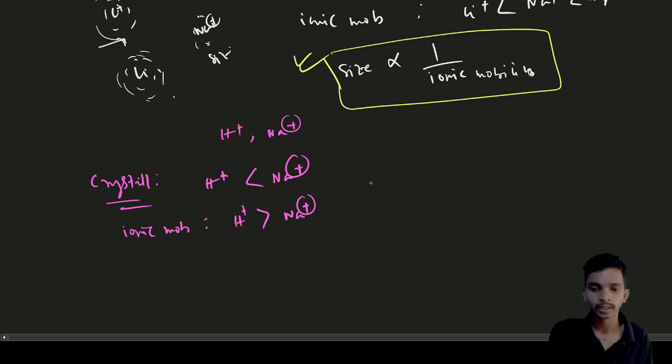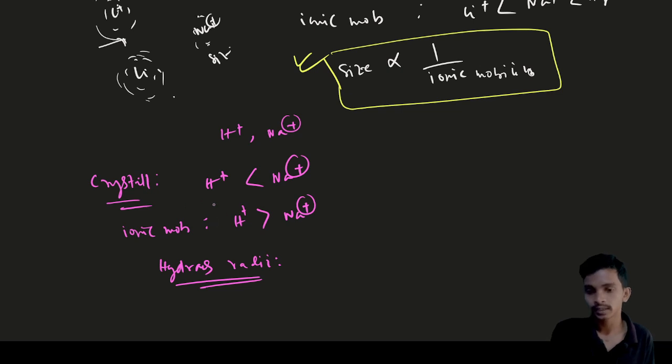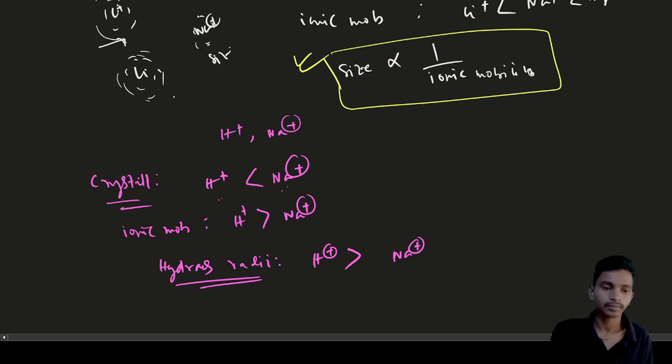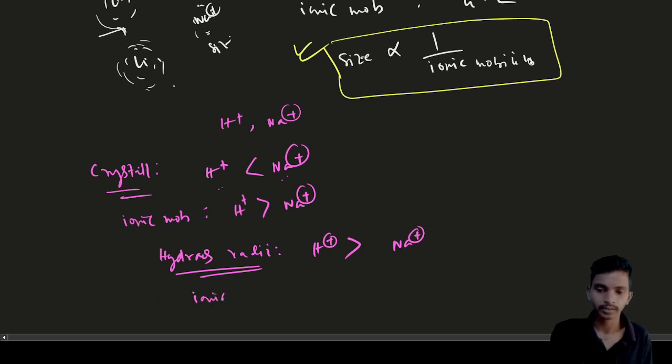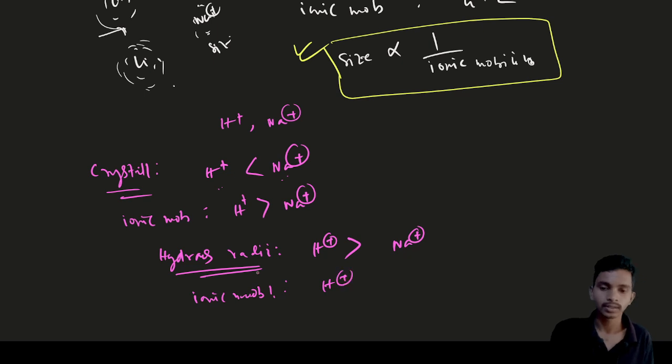This is for crystallographic. And for hydrated radii, since H plus size is less, more water will get attracted to it, so it becomes a more bulky sphere compared to Na plus. So the hydrated size of H plus is more than Na plus. Then ionic mobility is just the opposite: since this size is more, mobility will be less, so Na plus should be high.